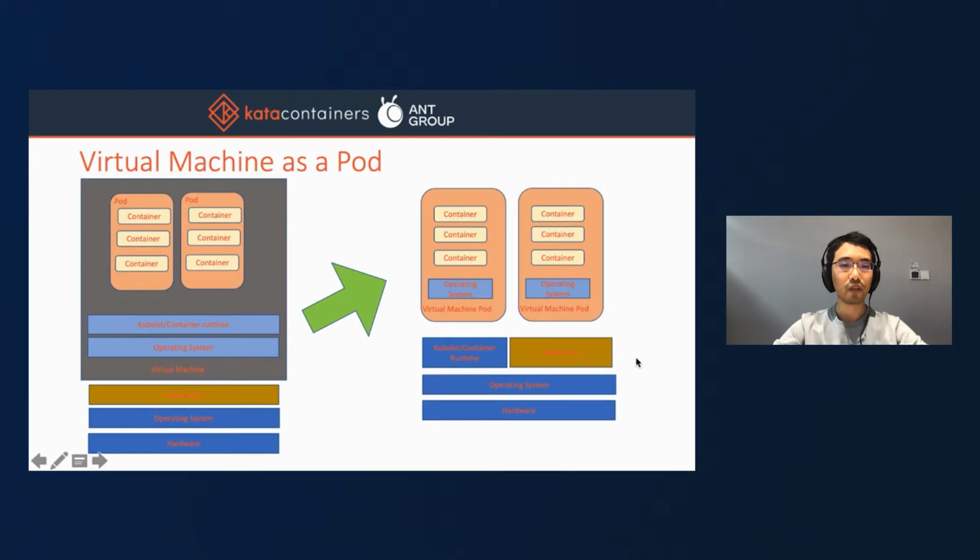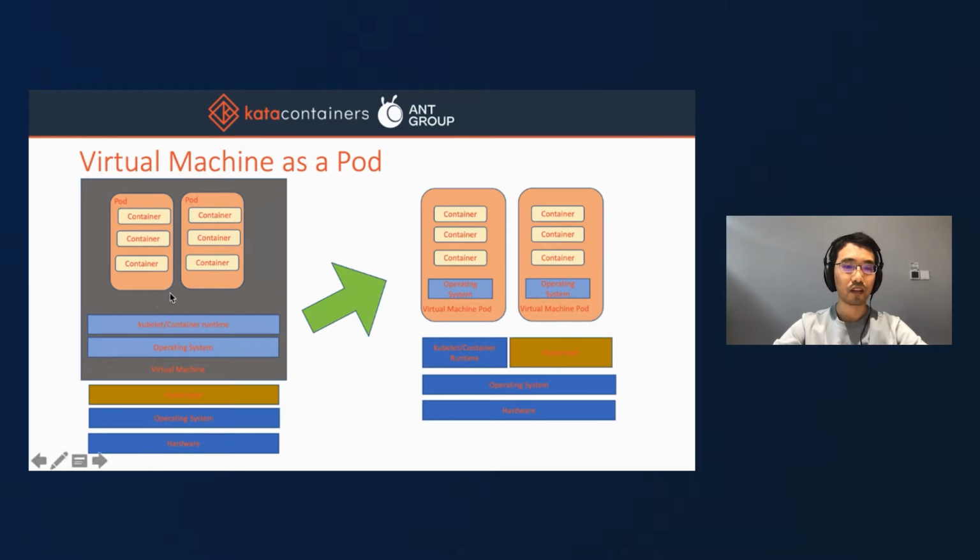So when we run a container, a very common use case is that we run it with a Kubernetes cluster. In Kubernetes, there is an important thing that is called a pod. Every pod has many containers in it. On the left side of the picture, we show a typical deployment of a Kubernetes cluster in a cloud environment.